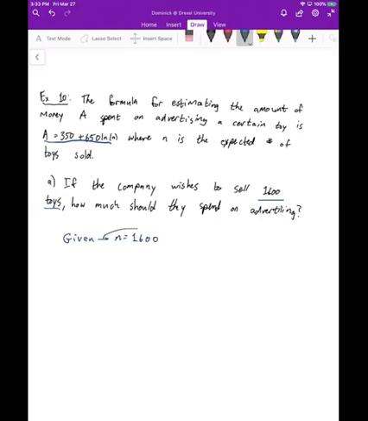So now we just go to our formula, which is A is equal to 350 plus 650 ln of n, and we just plug in 1600. So plus 650 ln of 1600. If we let the calculator do it, we'll have 350 plus 650 ln of 1600.